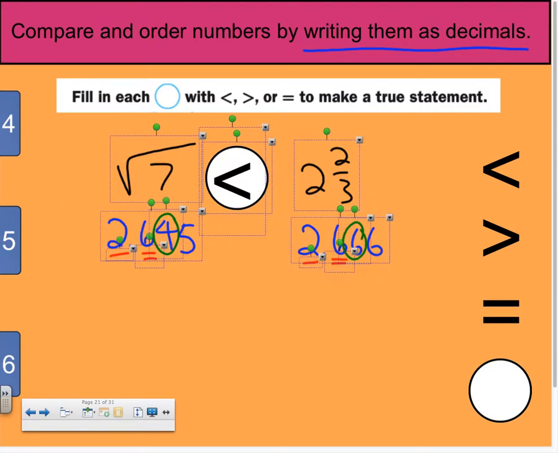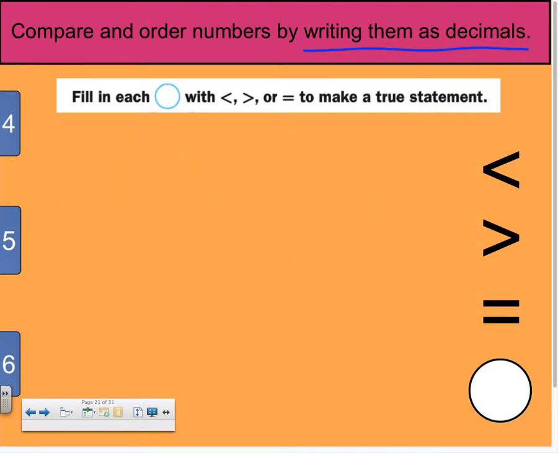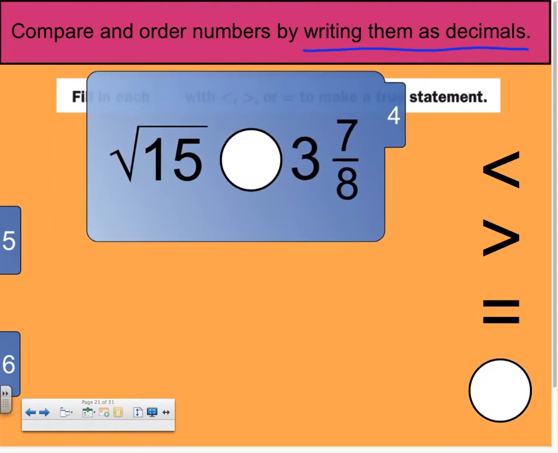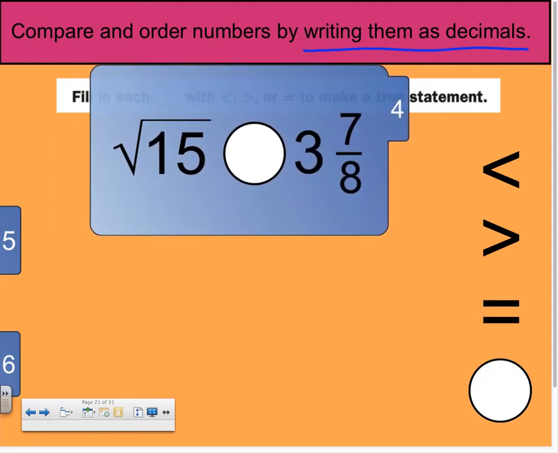All right, let's do one more of those. I need a volunteer to come and choose a sign, please. Madison, go ahead. You probably want to figure out what they both are. So the square root of 15, what do we have for the square root of 15?